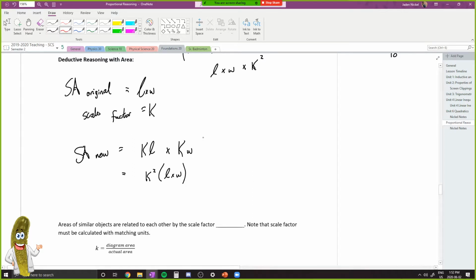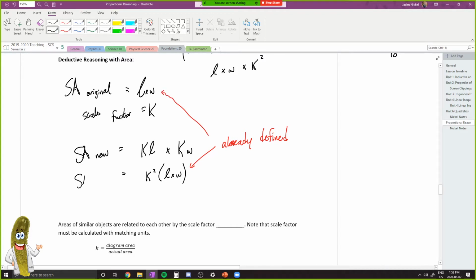And this statement here, this length times width, we've already defined that. What we did a lot in the beginning portion of the class is we said if we can get our deductive proof to say something that we've already previously defined, that's awesome. And we had said that the length times width is equal to the surface area of the original.